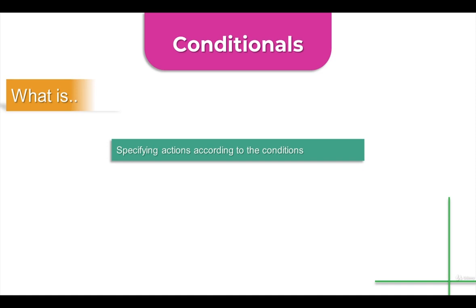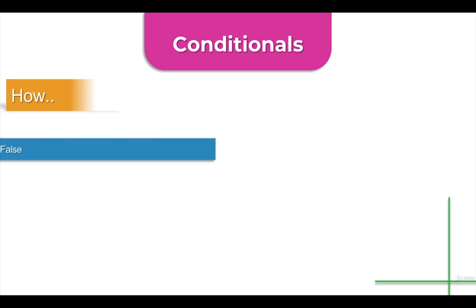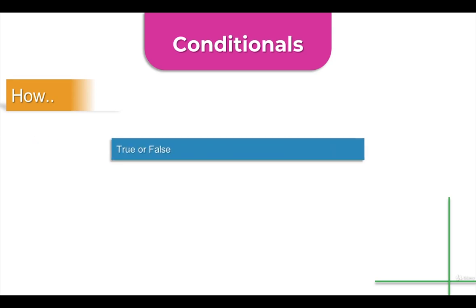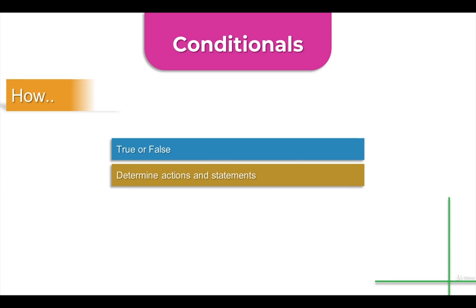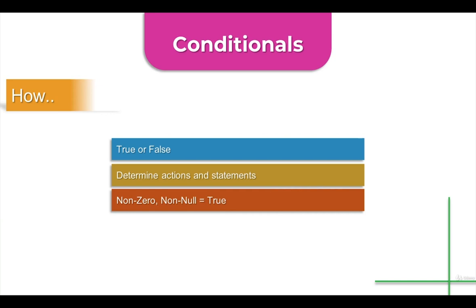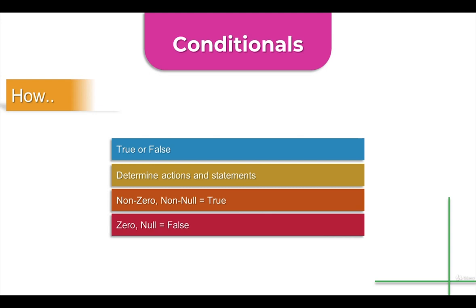Decision structures evaluate multiple expressions which produce true or false as their outcomes. So we need to determine which action to take and which statements to execute if the outcome is true or false.